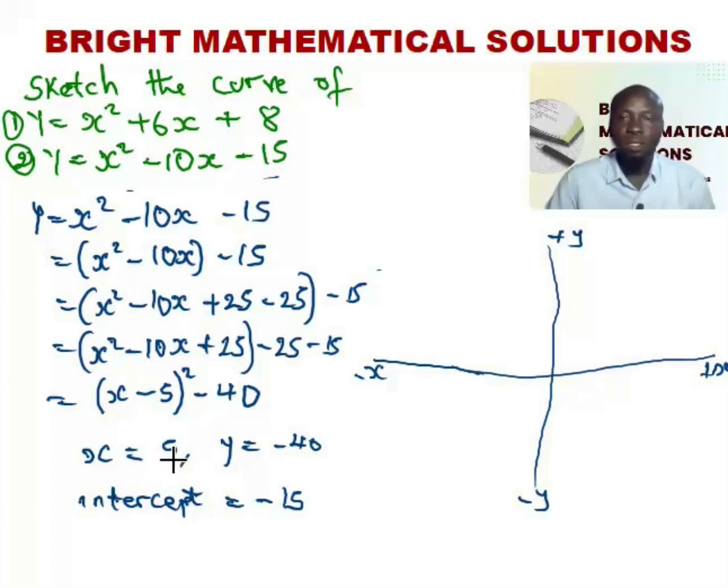So x is 5, that is positive, so plus is here. Let us say this is our 5. So y is minus 40, so negative y is here, somewhere down below. Where do they meet? If you trace it down and trace this out, let us assume that they meet here. So this is our minimal point.